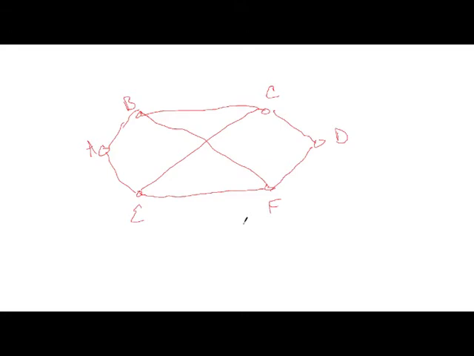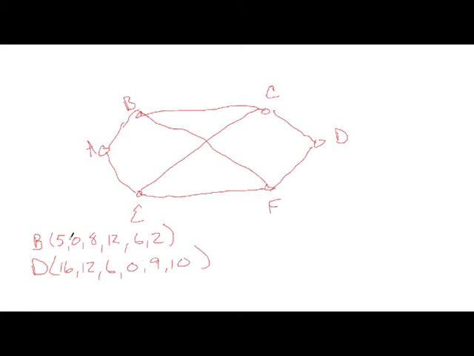From B, you get 5, 0, 8, 12, 6, and 2. From D, you get 16, 12, 6, 0, 9, and 10.